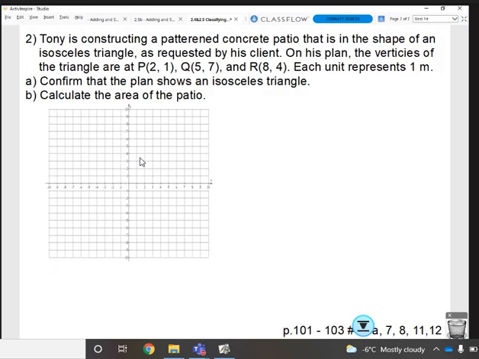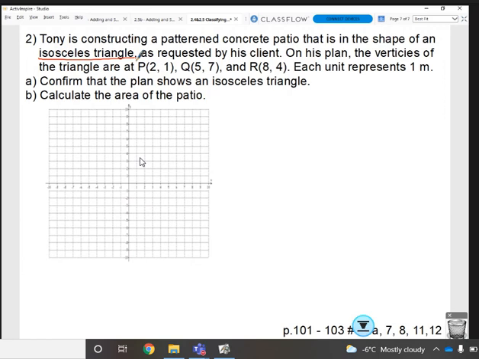Tony, of course they used the name Tony, is constructing a patterned concrete patio. My Uncle Tony would be so proud. Tony is constructing a patterned concrete patio that is in the shape of an isosceles triangle. They tell us it's an isosceles triangle, and what we remember is that two sides are going to be equal here.